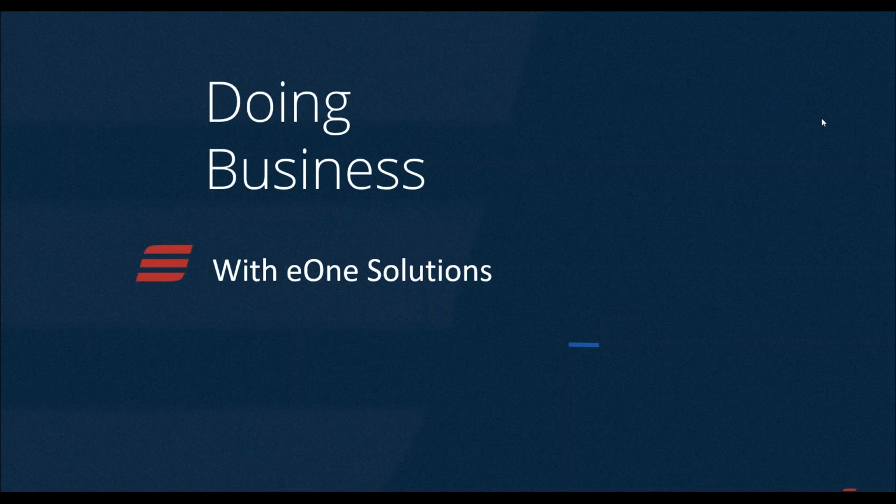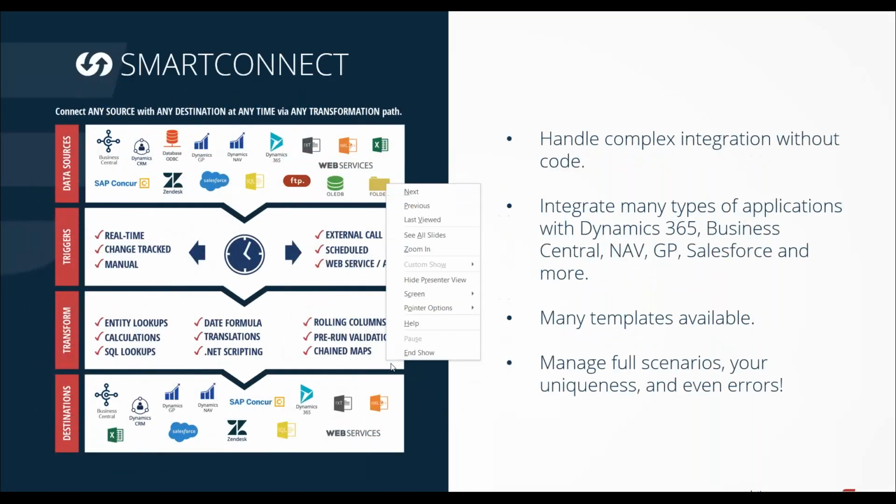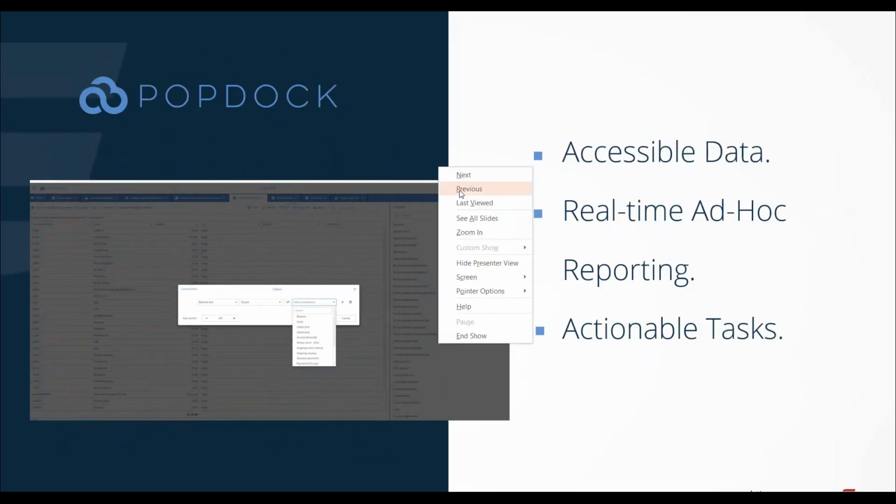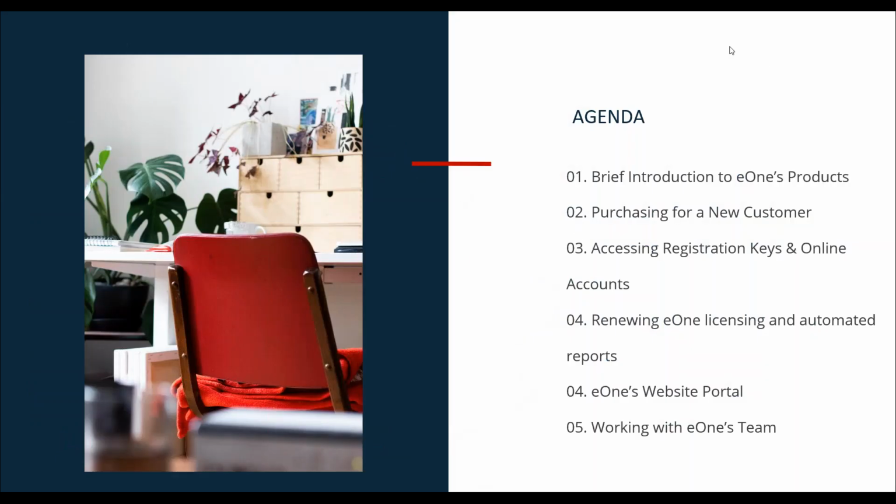So what are we going to cover? We're going to give you an introduction to what we do here at eOne, what we offer. As a company, we are focused on delivering smart configurable software that lets you automate, report with ease, and connect your business systems.